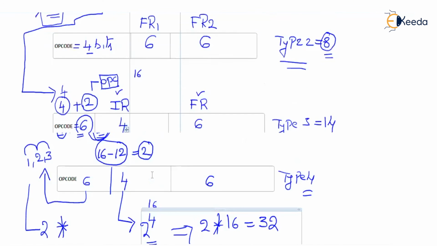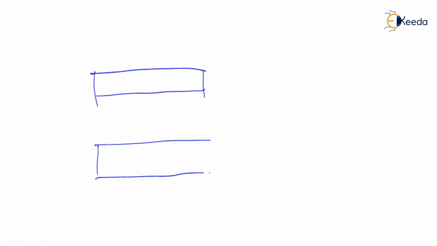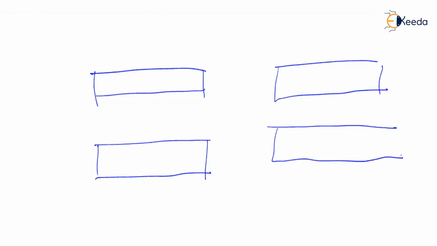Okay, just have a recap. That is, there are type 1, type 2, type 3, and type 4. Type 1, 4 fields, 1, 2, 3, 4. Register, register, register: 4, 4, 4. Opcode is also equal to 4.